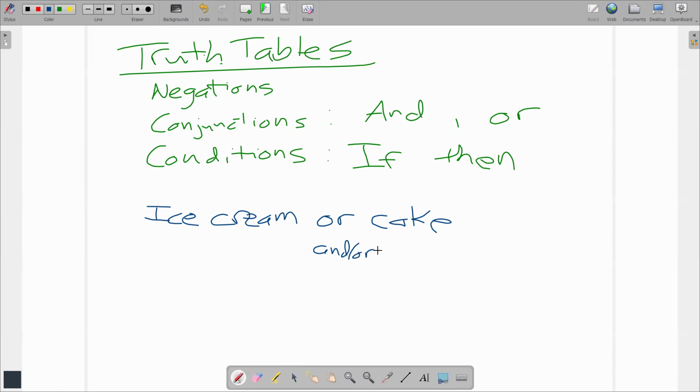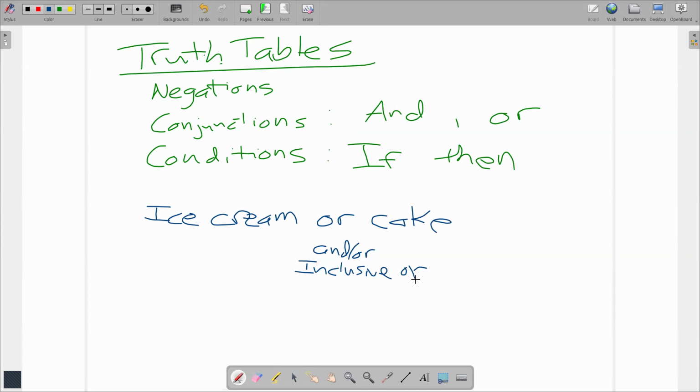You can have ice cream, you can have cake, you can have both. So that's something you kind of get used to here. So in math, this is called an inclusive or. Versus in regular language, like when my mom's talking to me, it's an exclusive or. You can't have both. So that's a new thing to get used to here, that idea of an inclusive or.